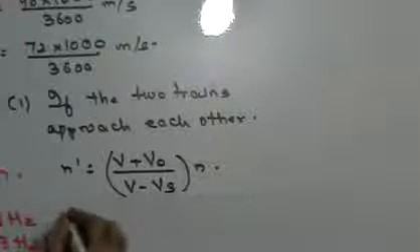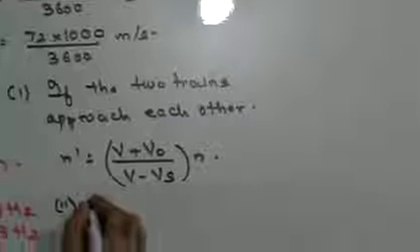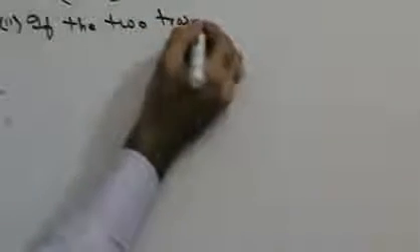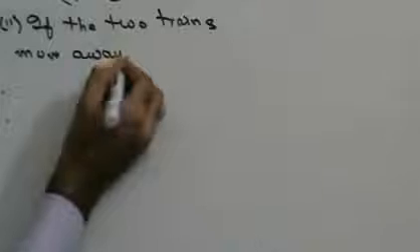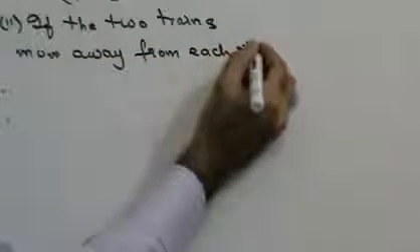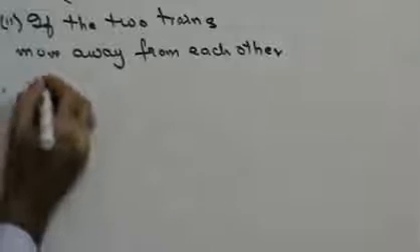Next, if the two trains move away from each other, V has to be the velocity of sound in air.